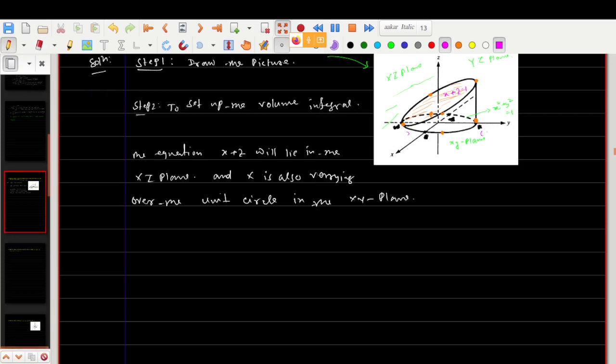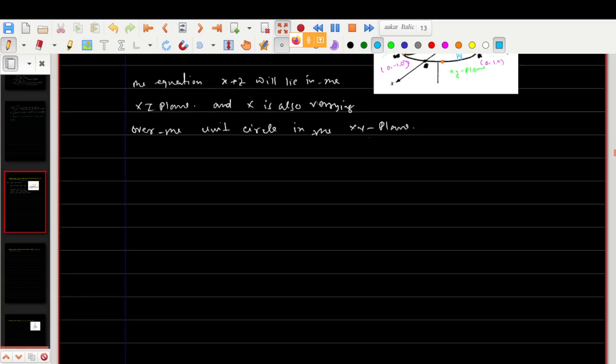So x will lie between minus 1 and 1, and y will lie between this circle from here to here. And z will be along this plane, the xz plane.